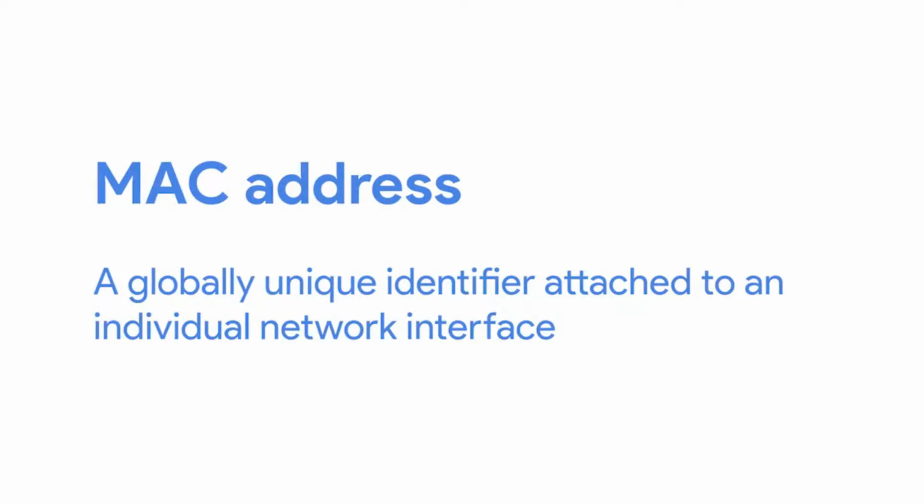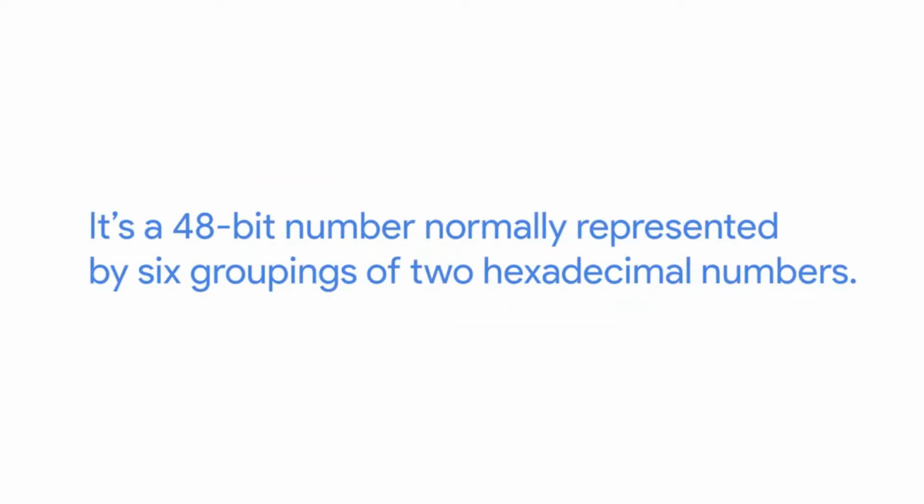By the end of this lesson, you will be able to explain what MAC addresses are and how they are used to identify computers. You will also know how to describe various components that make up an Ethernet frame, and you will be able to differentiate between unicast, multicast, and broadcast addresses.